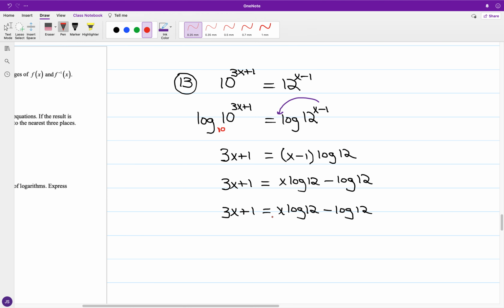And looking at putting our x terms together, we have the consolidation on the left.